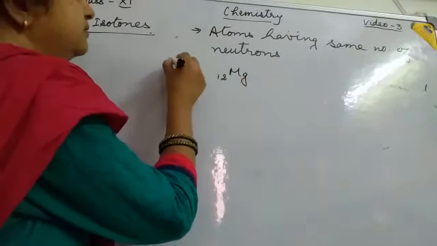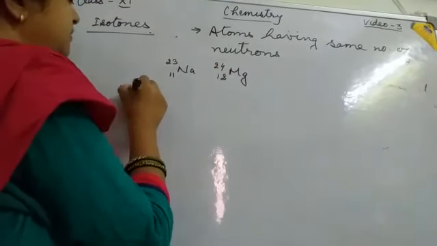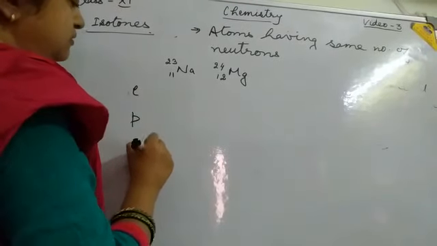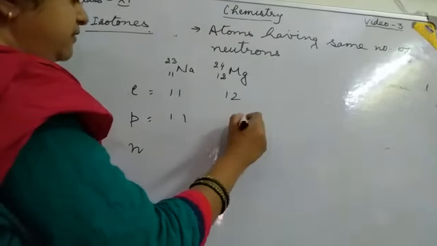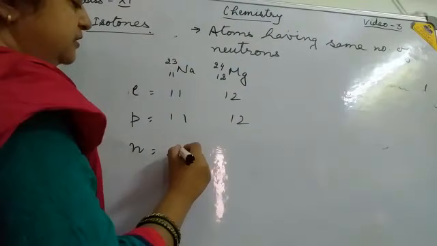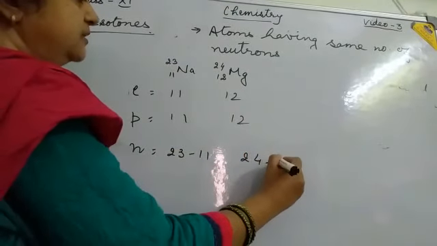Sodium mass number 23 and magnesium mass number 24. Electrons are 11 and 12, protons are 11 and 12, and what about neutrons? Neutrons are 23 minus 11, and 24 minus 12.